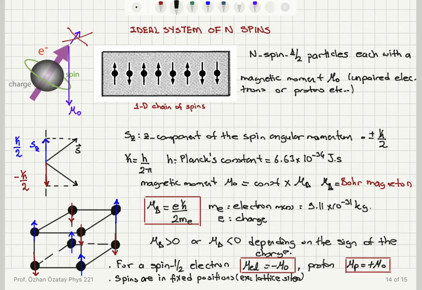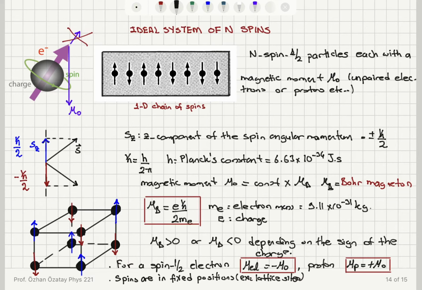The average distance between them is large enough that they are non-interacting, so they are free spins. And in the absence of an external magnetic field, they are free to point in the positive or negative direction. So you can have Sz equal to plus h bar over 2 or minus h bar over 2 with equal probability for a given spin.